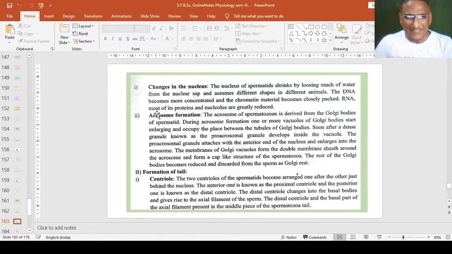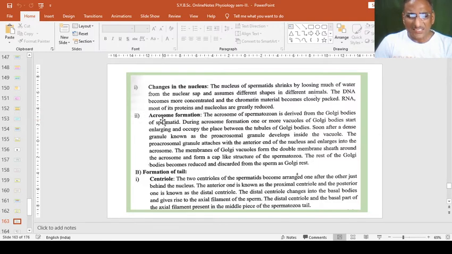The DNA becomes more concentrated, and the chromatin material becomes closely packed. RNA, most of its proteins, and the nucleolus are greatly reduced. Second, after these nuclear changes, comes acrosome formation.